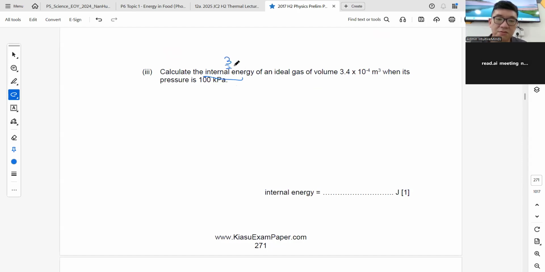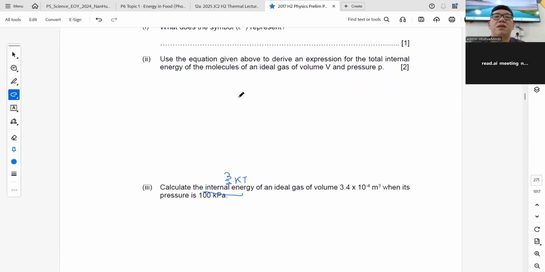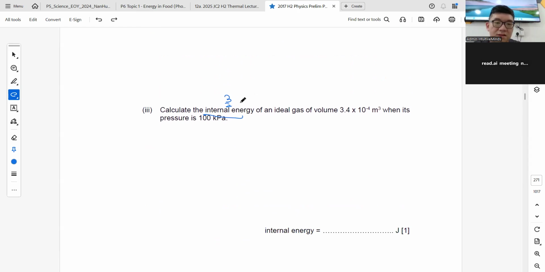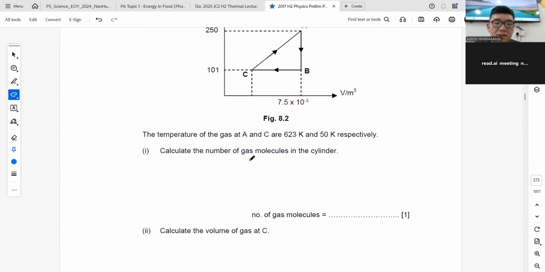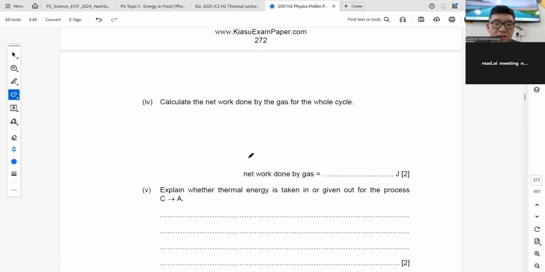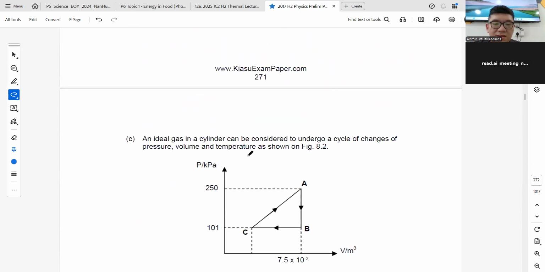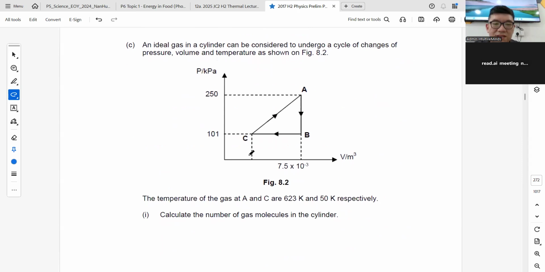Internal energy is 3/2 NkT, and then it's 3/2 PV. Okay, I've done this for you before.